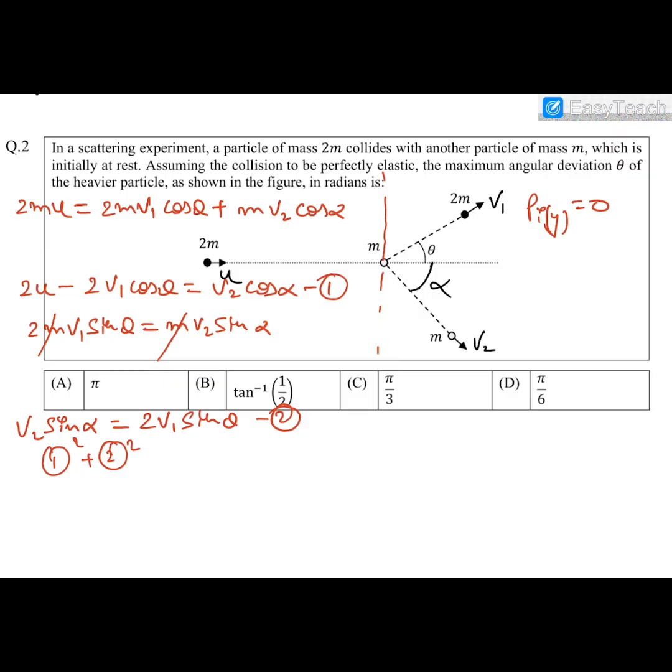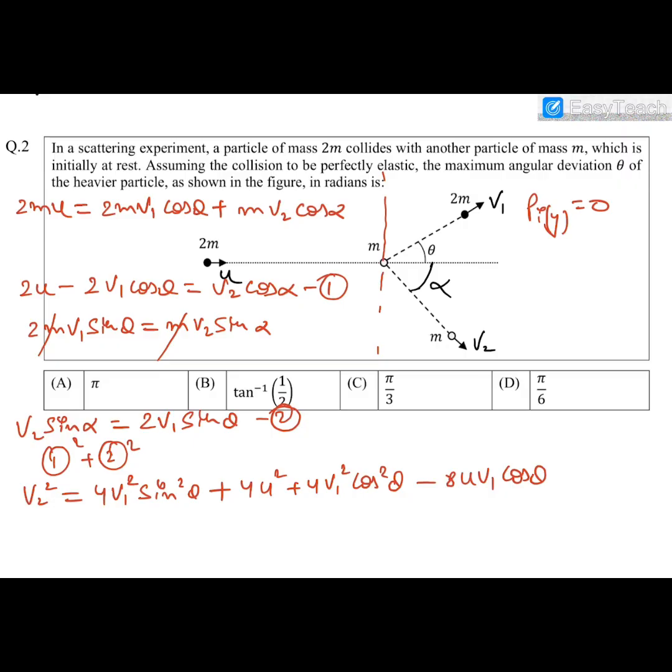So v2 square sin square alpha plus v2 square cos square alpha will be equal to v2 square, and it would be 4v1 square sin square theta plus 4u square plus 4v1 square cos square theta minus 8uv1 cos theta.